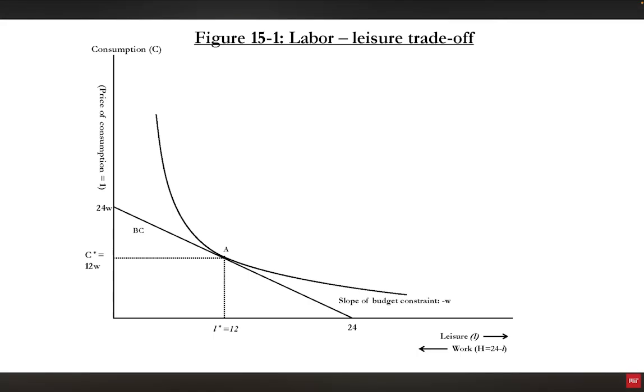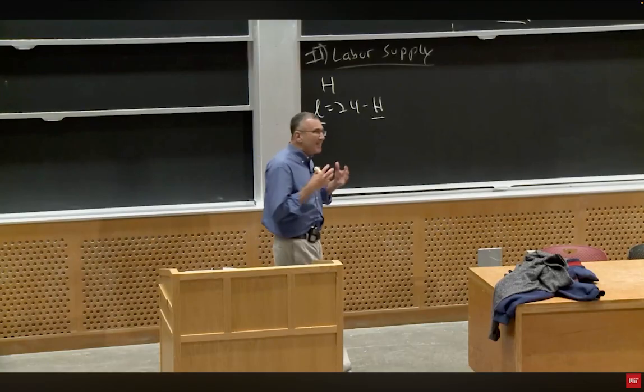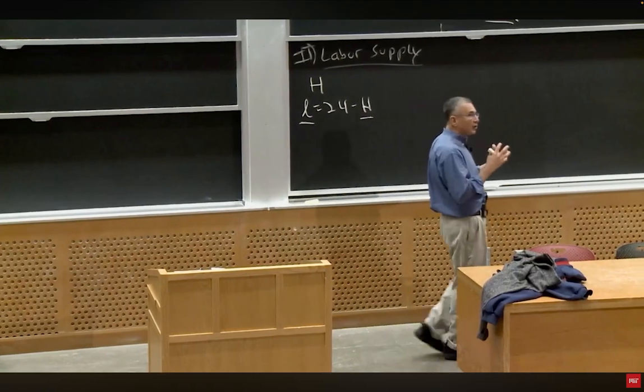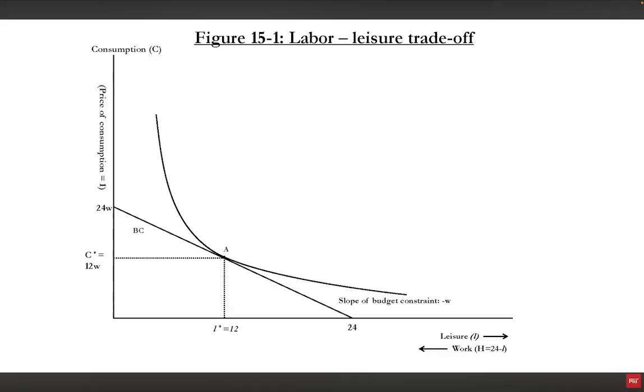On the y-axis is consumption. When I think of consumption, it's all the stuff you're going to consume, your pizza and your cookies. On the x-axis is leisure. You have a 24-hour maximum, so you can take between 0 and 24 hours of leisure. As you move to the right on the x-axis, you're modeling leisure.